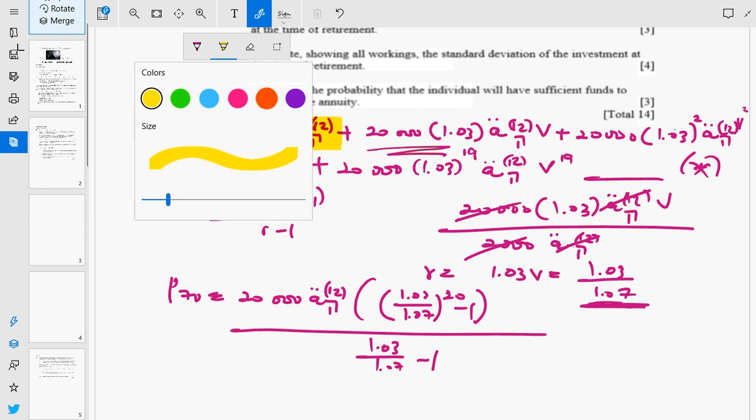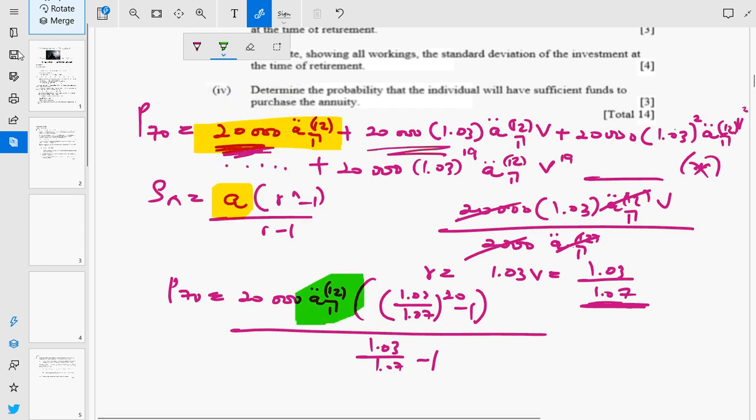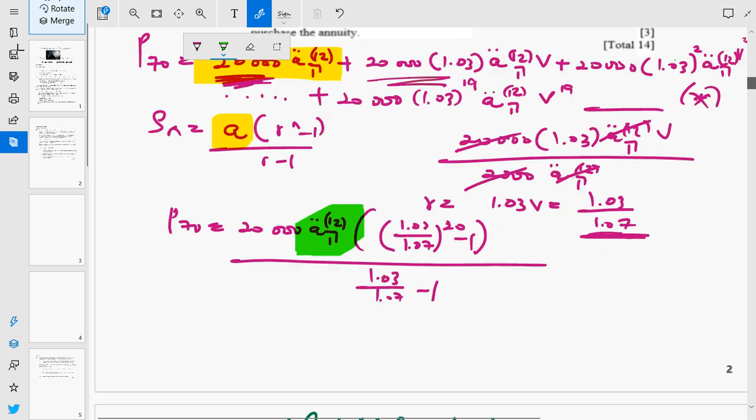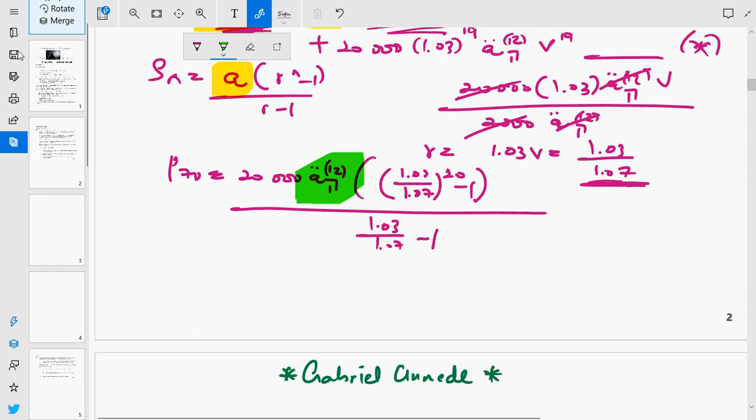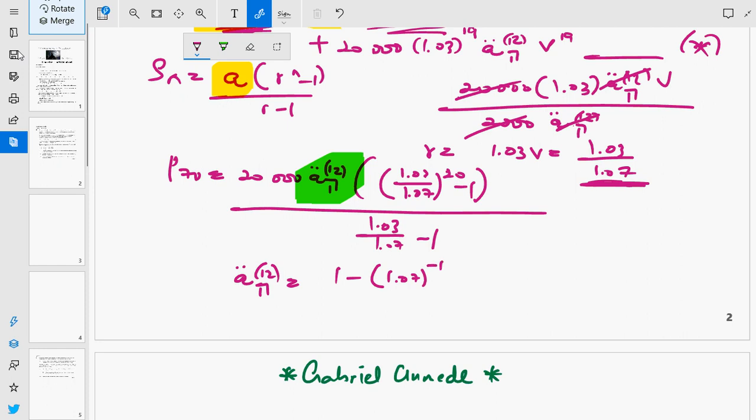There is no problem. Now, you might ask yourself, how do we evaluate this? Well, that's not difficult, because you know that your annuity payable monthly for a year is equal to 1 over 1 minus 1.07 to the power minus 1, over d12.